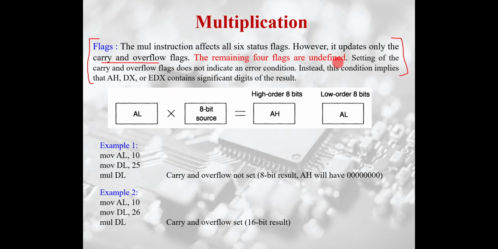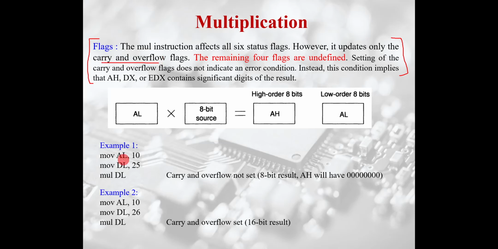The other flags, although they get affected, should not be taken into consideration because they could be false. They are undefined. So we only need to bother about these two flags. I'll tell you the logic why it has been done like that.